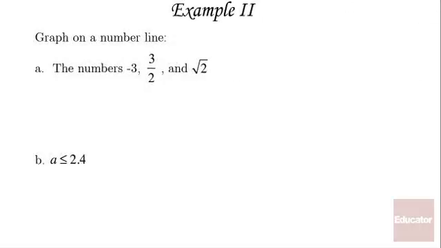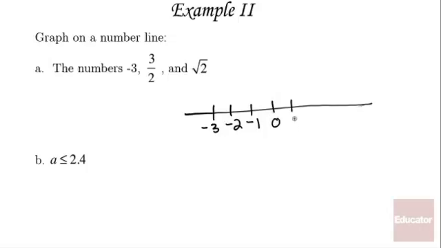The second example is asking us to graph the following two situations on a number line. The first one, A, asks me to graph the numbers -3, 3/2, and the square root of 2. So -3, -2, -1, and then I have 0, 1, 2, 3.